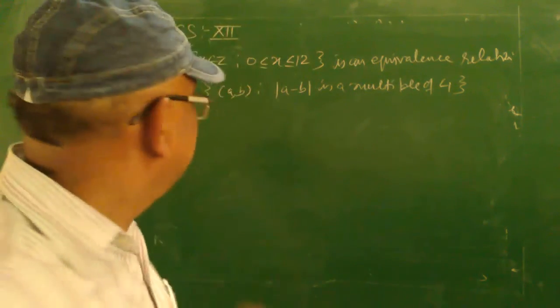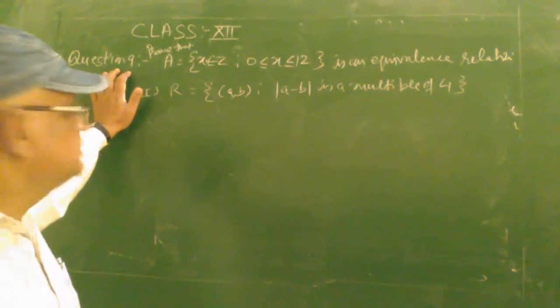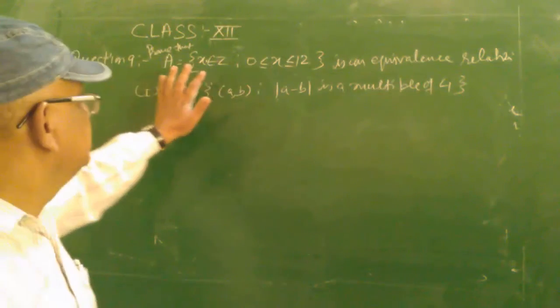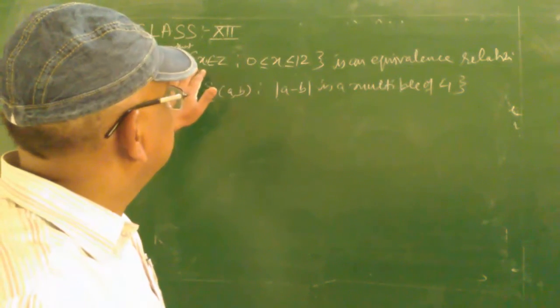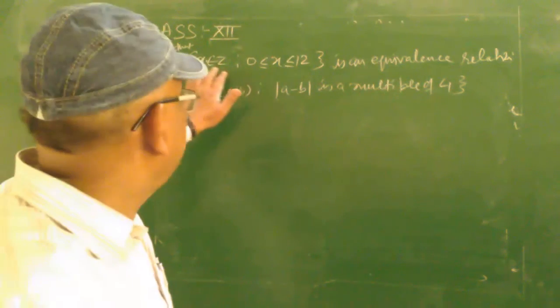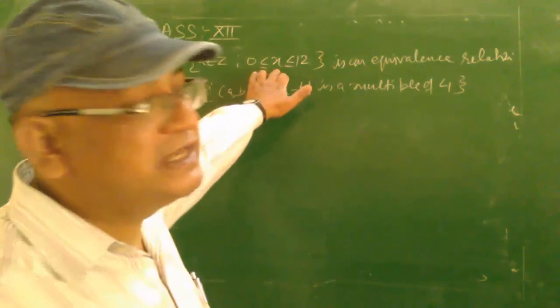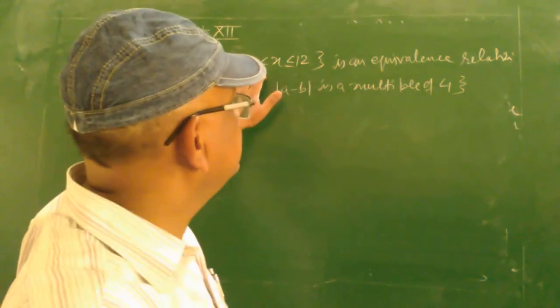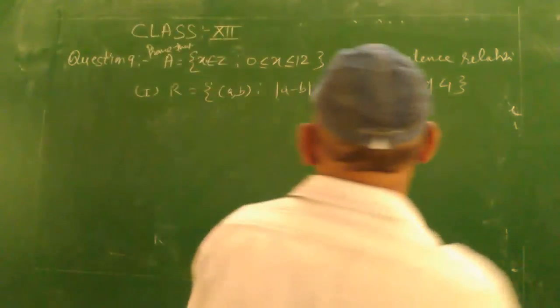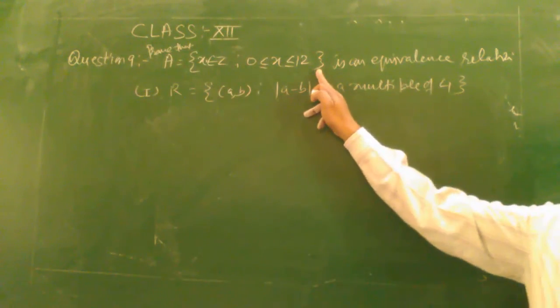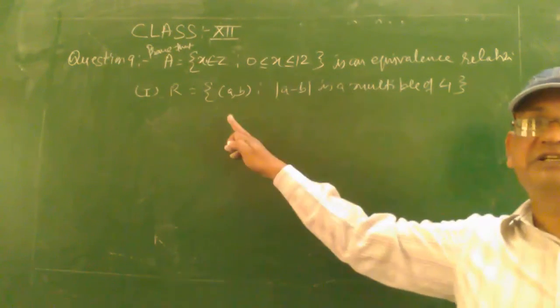Now students, taking one more question, that is question number 9. It is also a good question. It is a board question. Prove that A is equal to, in set builder form, x belongs to integers where x is less than or equal to 12 as well as greater than or equal to 0, is an equivalence relation. And on the basis of this set A, which is given in the set builder form, a relation is created here.